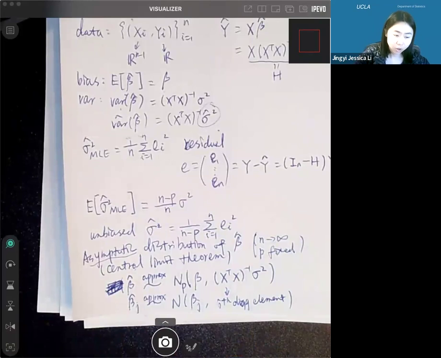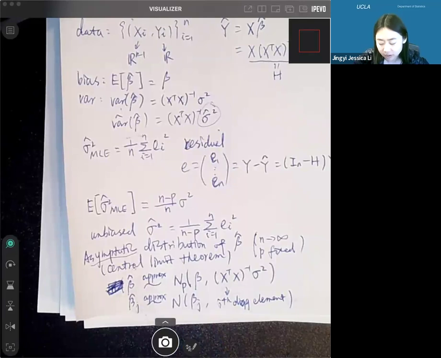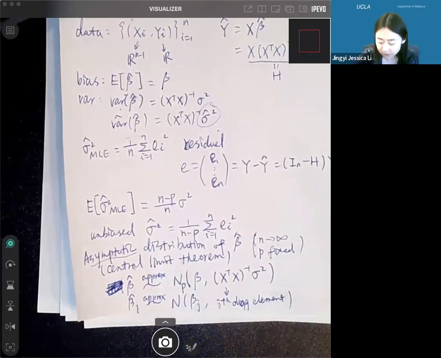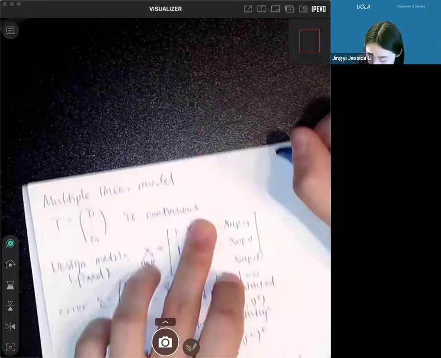Okay, so this would allow us a way to basically do inference for beta j directly. That means if we are interested in knowing whether this beta j is 0 or not, then we are in a hypothesis testing setting. So the hypothesis test would be, again, like I said, we are just under frequentist, right?